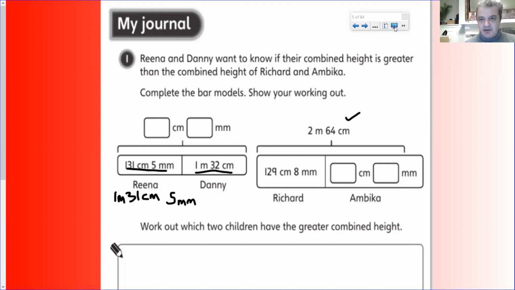Okay, so let's think, how many meters have we got now if I add Rena's 1 meter to Danny's 1 meter? I've got 2 meters. I've got 31 and 32, which is 63 centimeters.